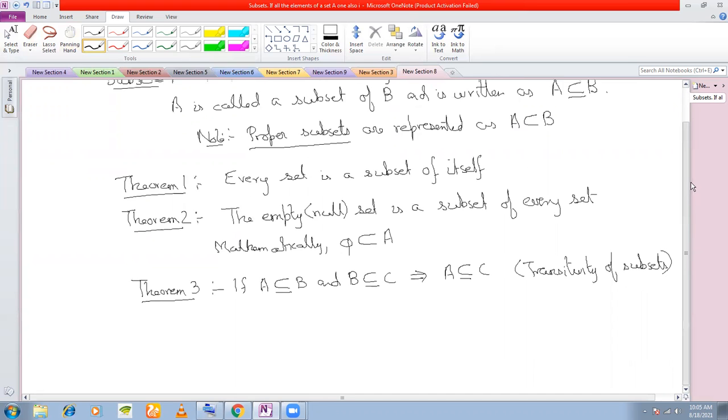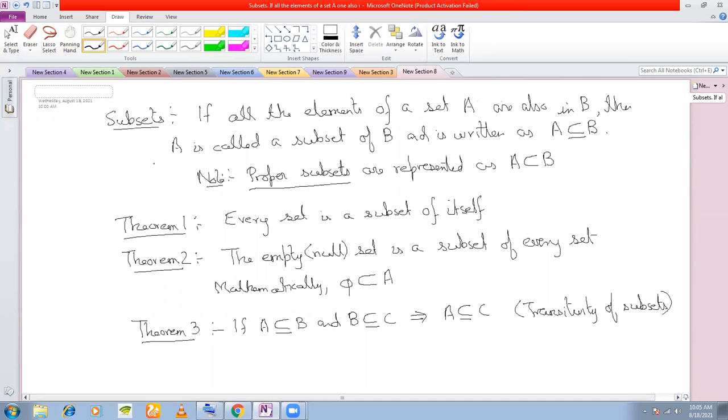Before I proceed to the next theorem, a small thing I need to mention: when I say subsets, mathematically, A is a subset of B means the double implication: X belongs to A must imply X belongs to B. This is a very important relation.